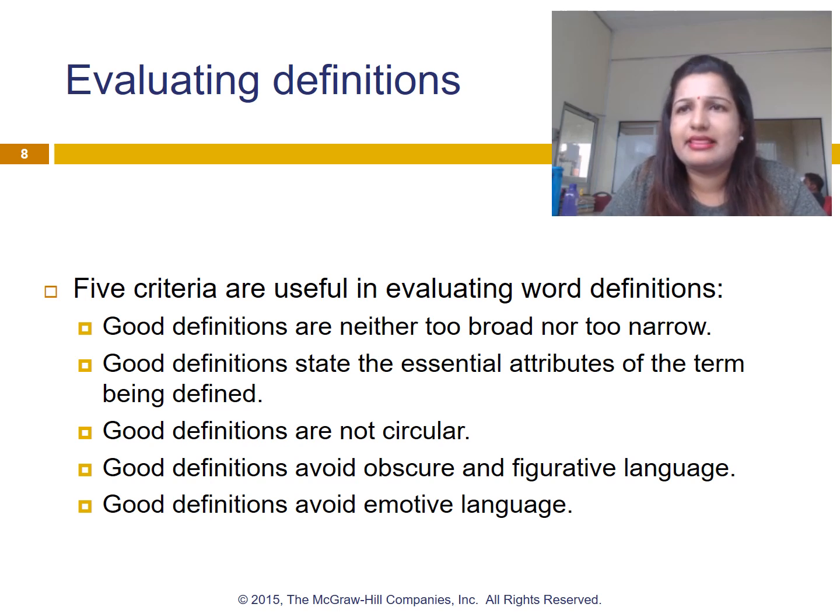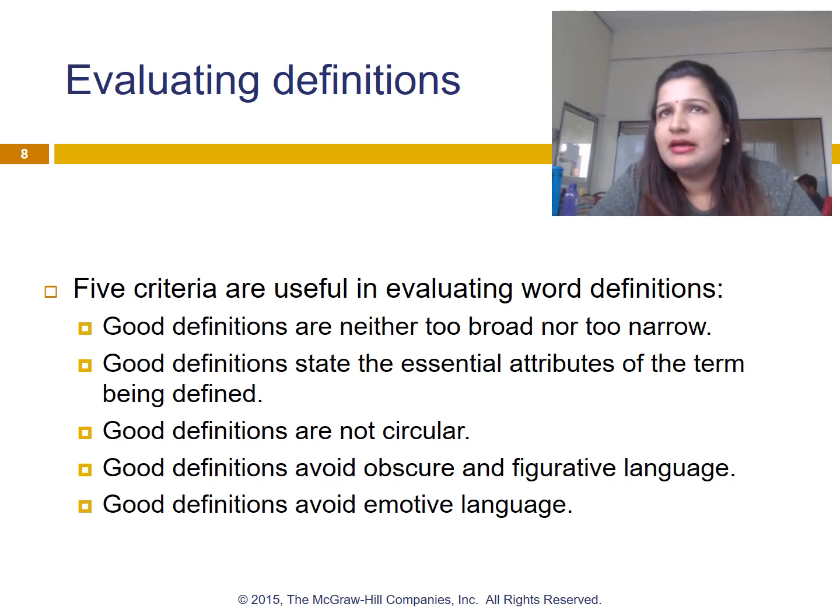What do I mean by that? Good definitions can never be too broad nor too narrow. So how do you then get the right word? For example, let's take a look at the example I gave you earlier, table. If I were to define the word table, I could go on by saying that it's a type of furniture. It has 4 legs.